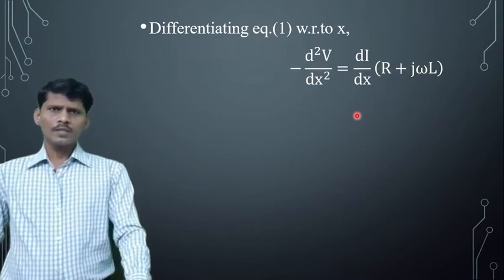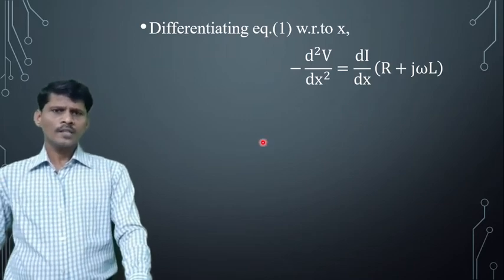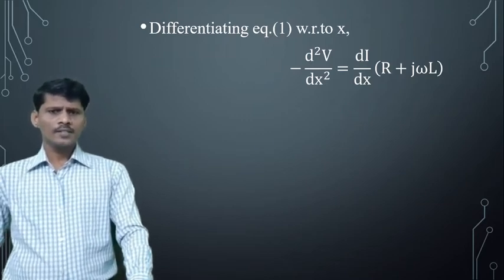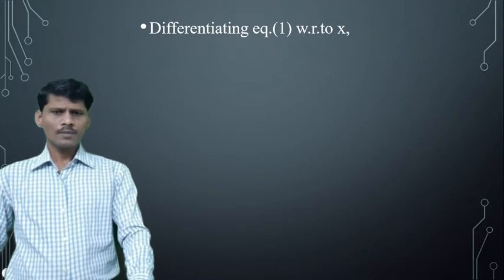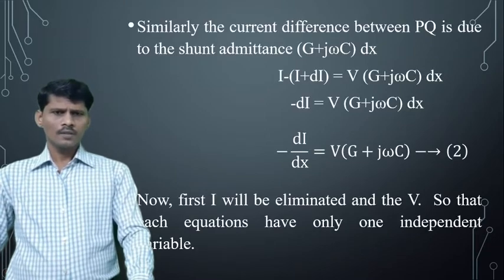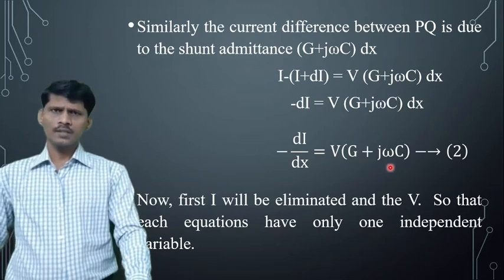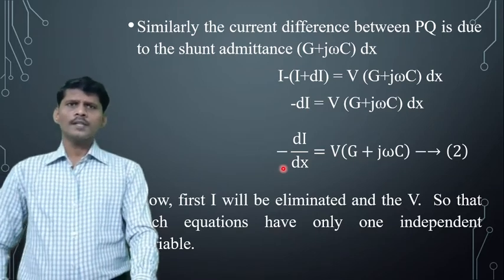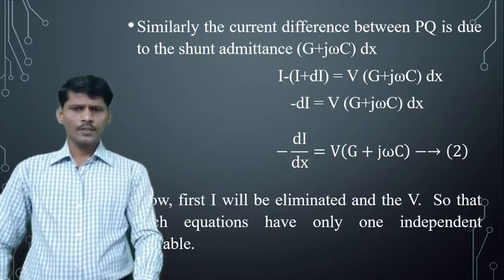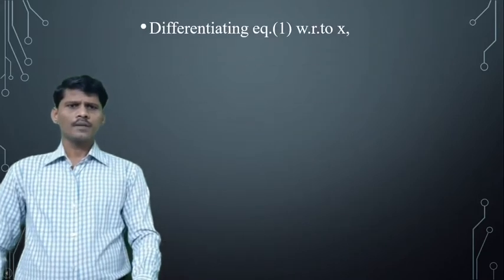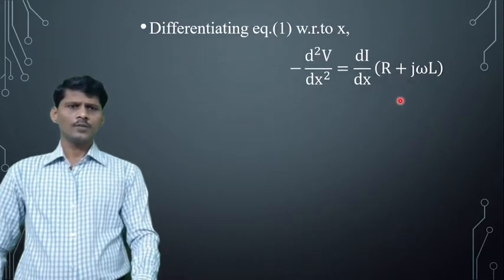But from equation 2, what is the value of dI by dx? dI by dx is equal to minus V into G plus j omega C. Substitute the dI by dx value into this equation.